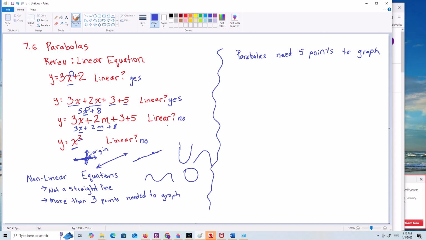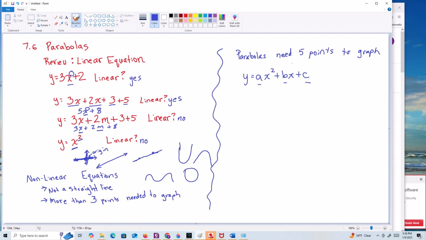A parabola can be graphed from an equation, and the equation will look like this: y equals ax squared plus bx plus c, where a, b, and c are all constants.